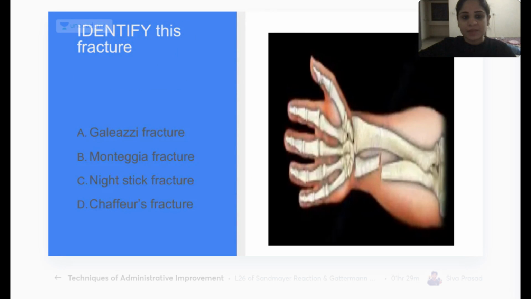Okay. Alright. Identify this fracture. Galeazzi fracture, Monteggia fracture, nightstick fracture or Schoffer's fracture. What is the bone that is getting fractured over here and which part of the bone is getting fractured?